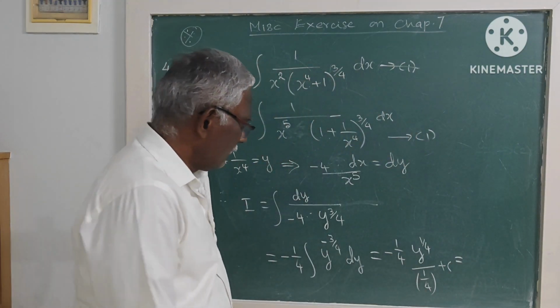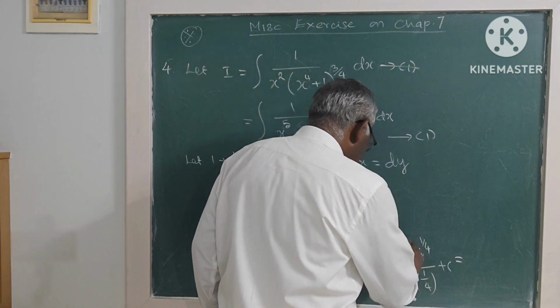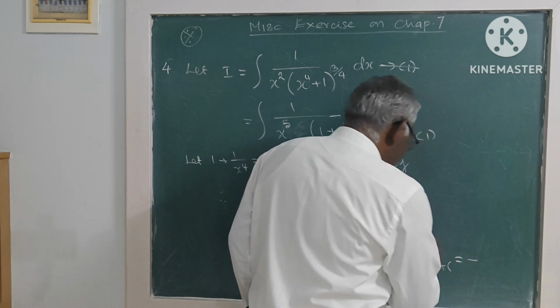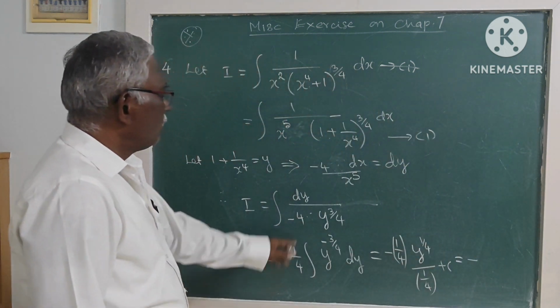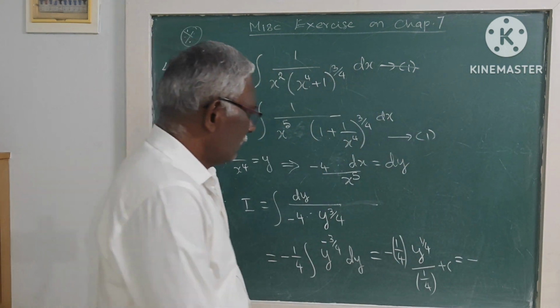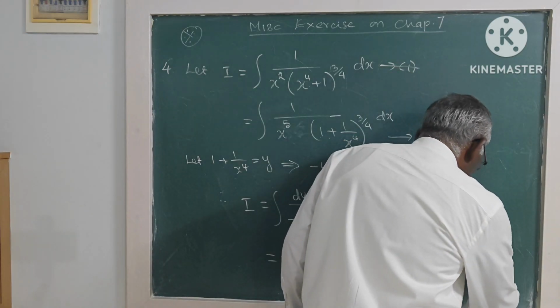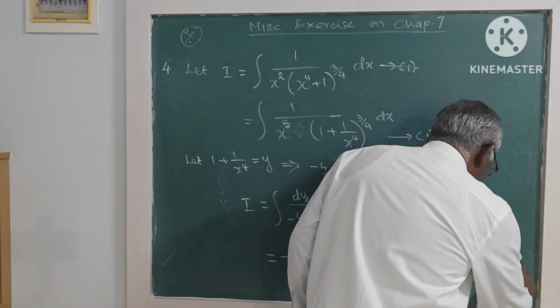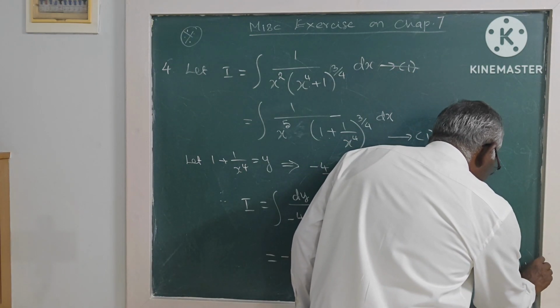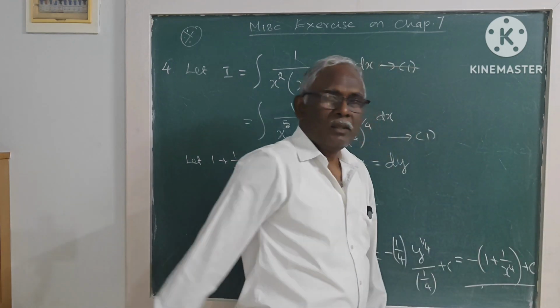So this gets cancelled. So we will get minus y power 1 by 4. What is y? 1 plus 1 by x power 4, plus constant. So this is the answer.